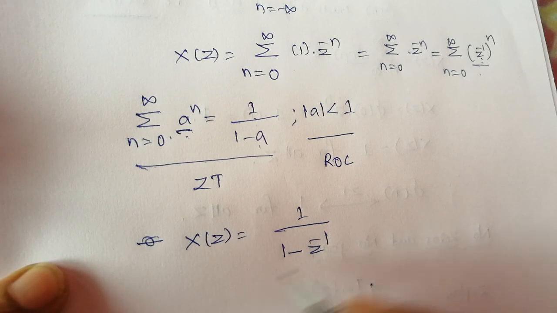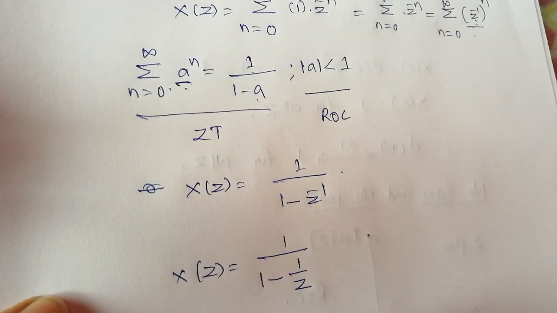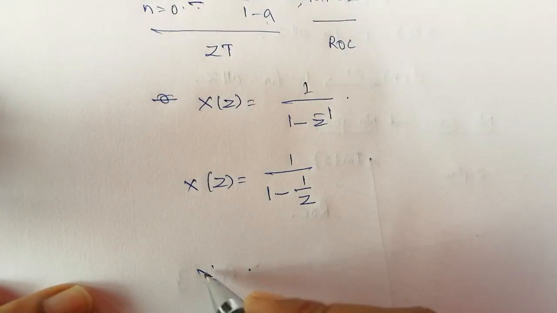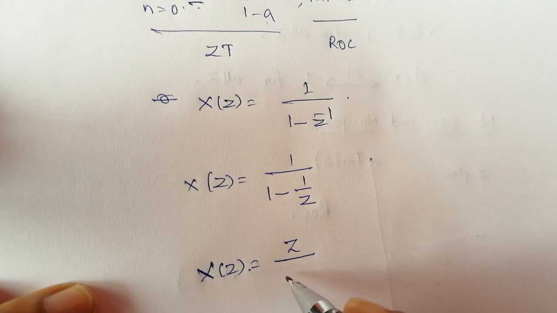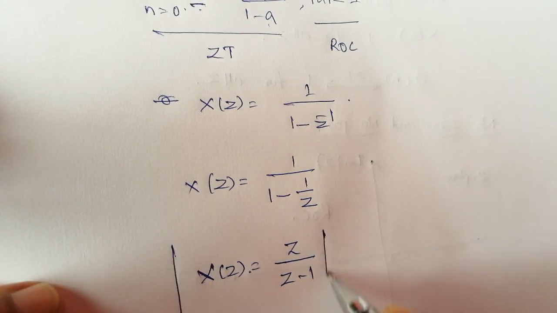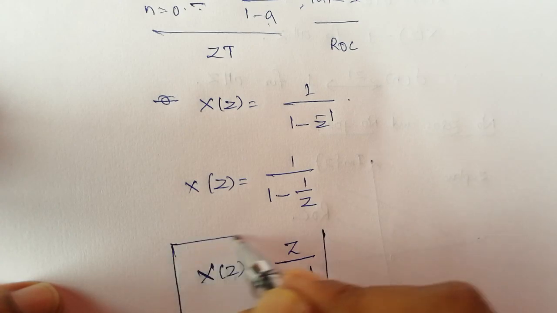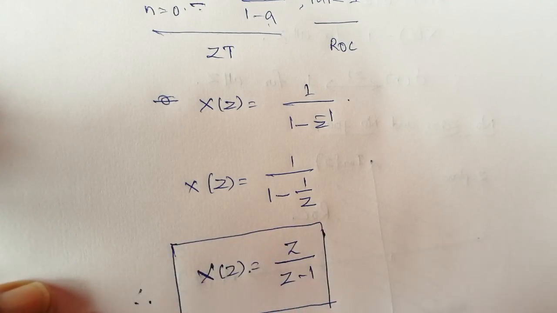Expressing in positive powers of z, this becomes z divided by z minus 1. This is the Z transform of the unit step sequence.